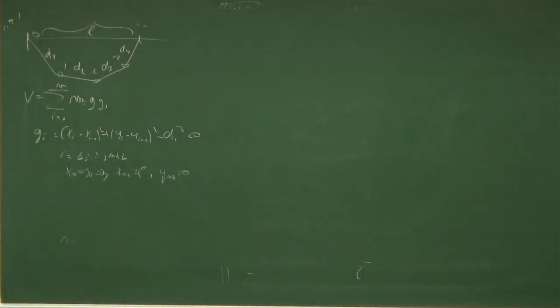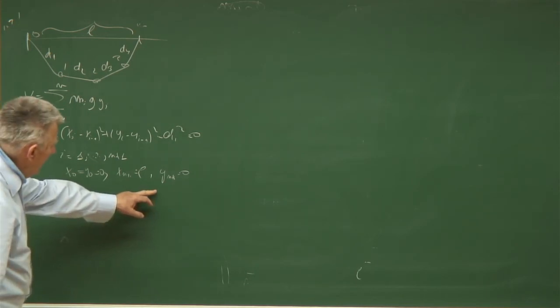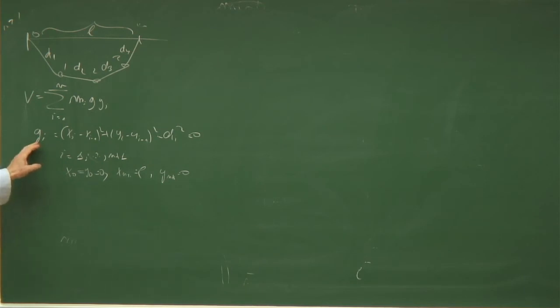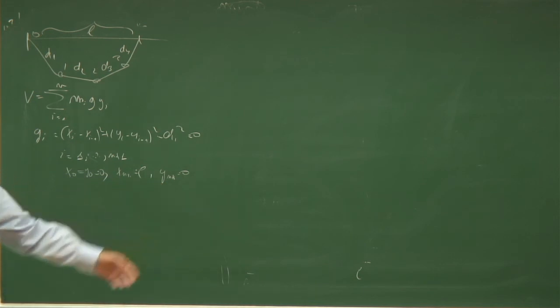These are the conditions. Those equalities are written down only to make this formula more symmetric. Otherwise, you would have to write a different formula for the left end and a different one for the right end.